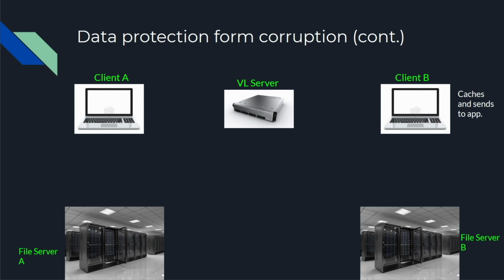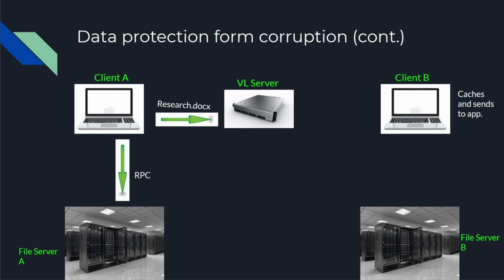In this slide, I will be presenting an example of the callback system. Here we have client A, client B, file server A, file server B, and the volume location server. So here, client A is requesting research.docx.